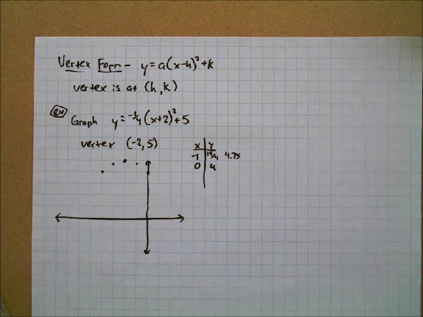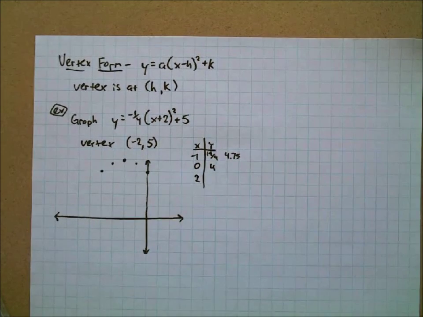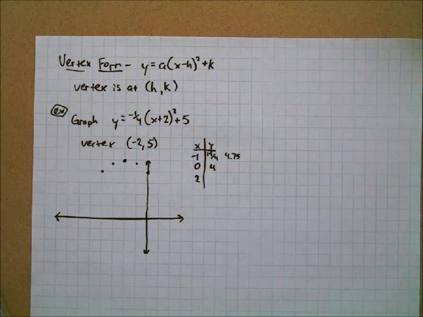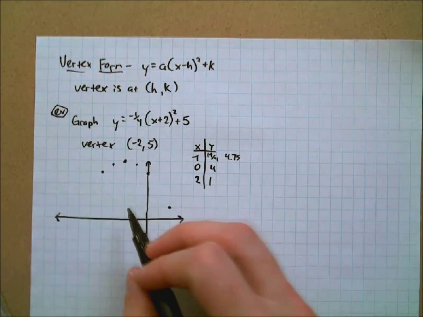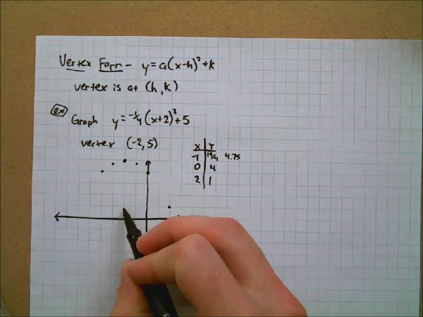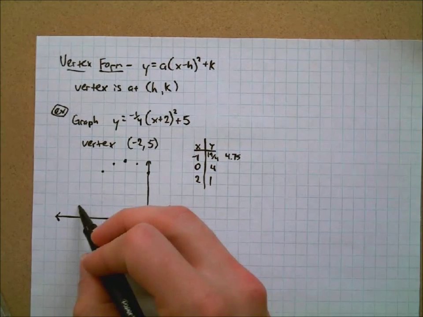I'm going to do 2. So 2 plus 2 is 4. Squared is 16. Negative 1/4 of 16 is negative 4. Plus 5 is positive 1. So 2, 1 is what we get. So 1, 2, 1. And that's 1, 2, 3, 4 away. So 1, 2, 3, 4 away this way also. There.